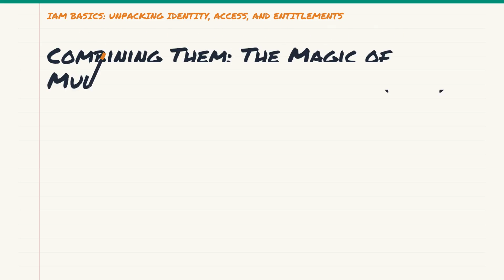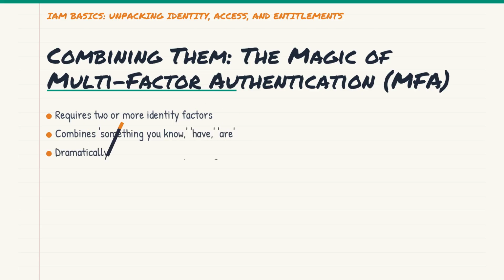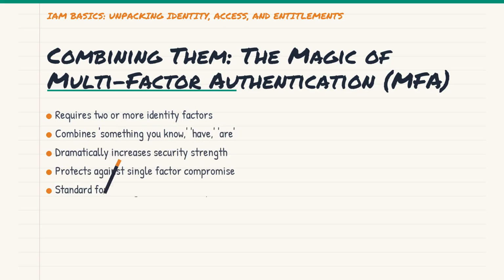Now, imagine combining these methods. That's where multi-factor authentication, or MFA, comes in, and it's a security superhero. Instead of just using one type of proof, MFA requires at least 2 different factors to verify your identity. For example, it might ask for your password, something you know, and a code from your phone, something you have.